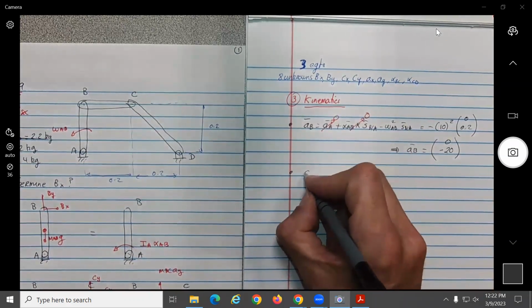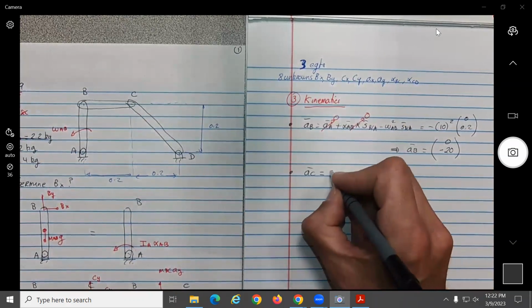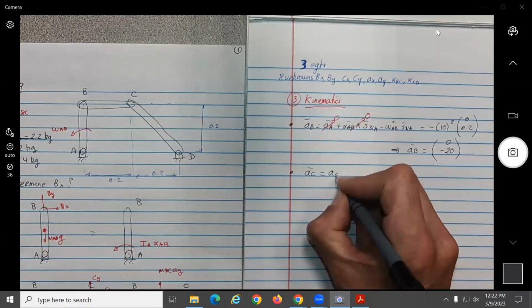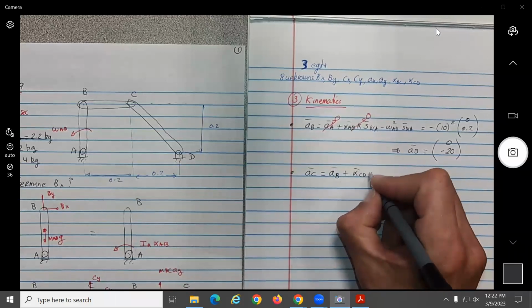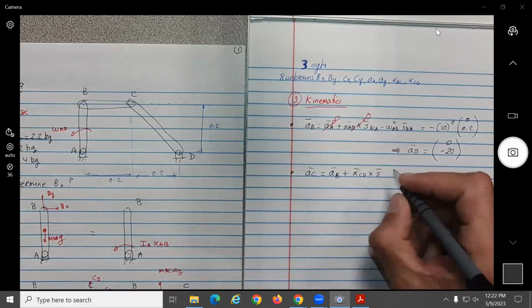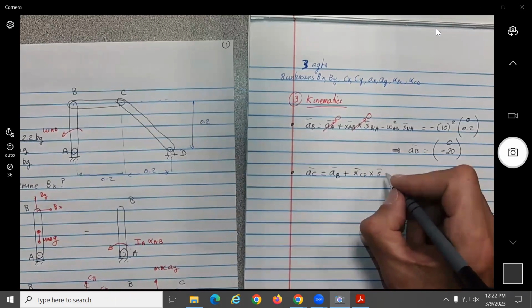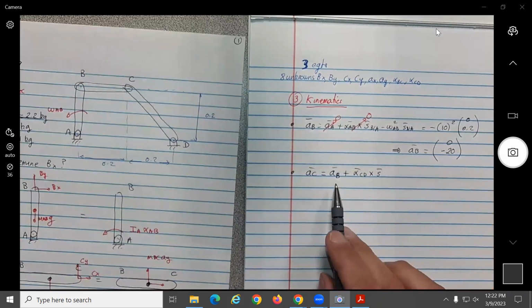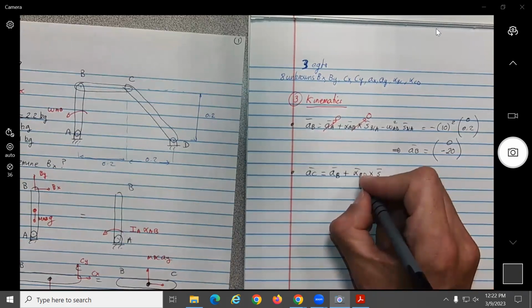You're going to find the acceleration of C from point B, no? So you'll find acceleration of B, plus alpha CD cross S of CD or C? Acceleration of C with respect to B. So it should be BC, you're correct.